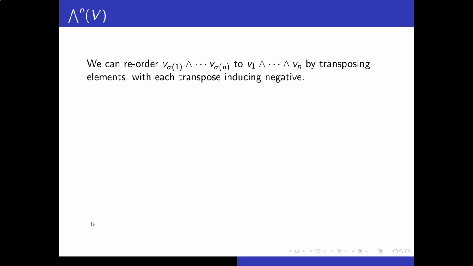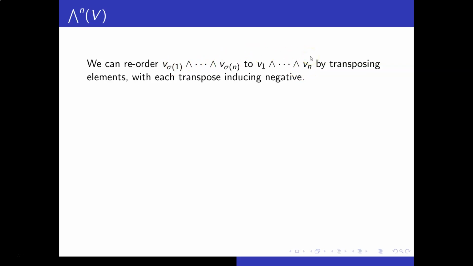Okay. Now, I start transposing things. I want to transpose these two at a time until I get it back into the ordering of V1 through Vn. And if you remember from Math 370, every permutation can be expressed as a product of transpositions. Not necessarily unique, but as transpositions. So by transposing any two elements at a time, I can do that.